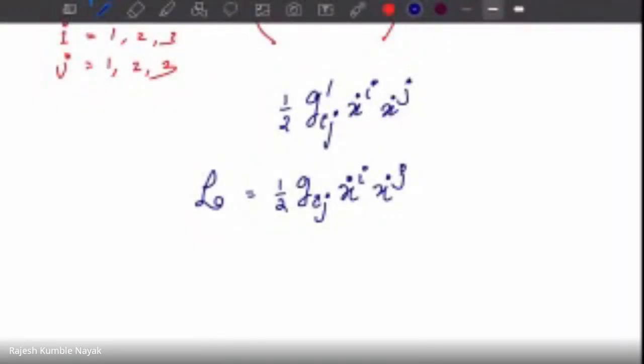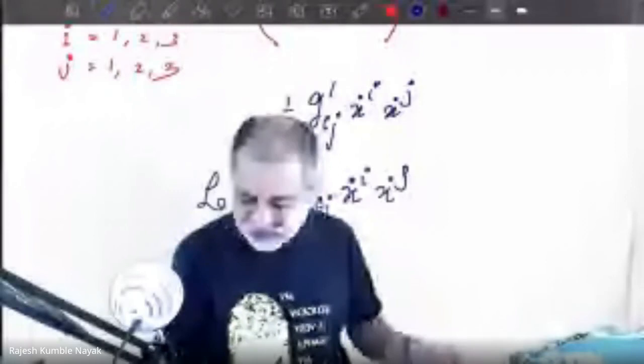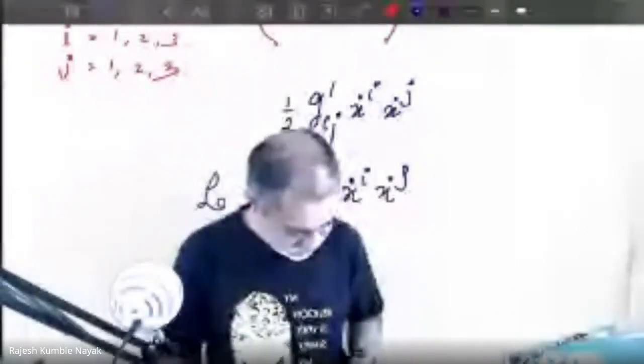Go ahead. Sir, the expression for kinetic energy, was it derived from Taylor's series or something? No, not Taylor. There is no approximation involved whatsoever. You should look at Goldstein; it is a subject by itself.